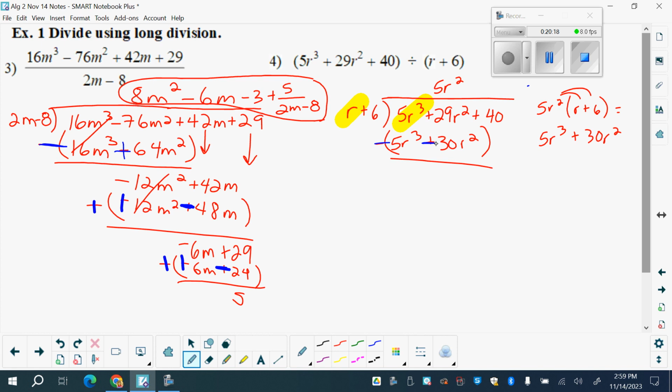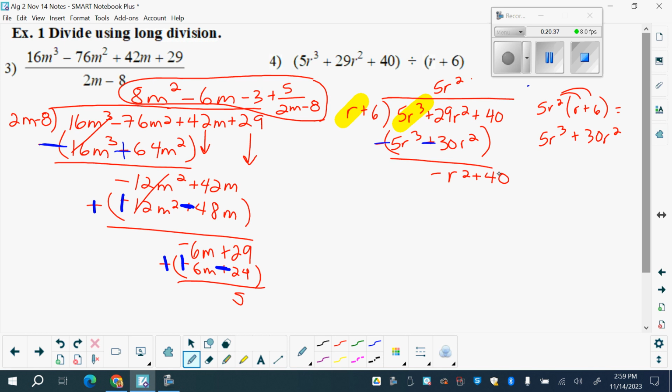So this would add up to a negative r squared, and then plus a 40. So notice there's no r there. So that's where we're going to get into something that's going to be a little bit different.